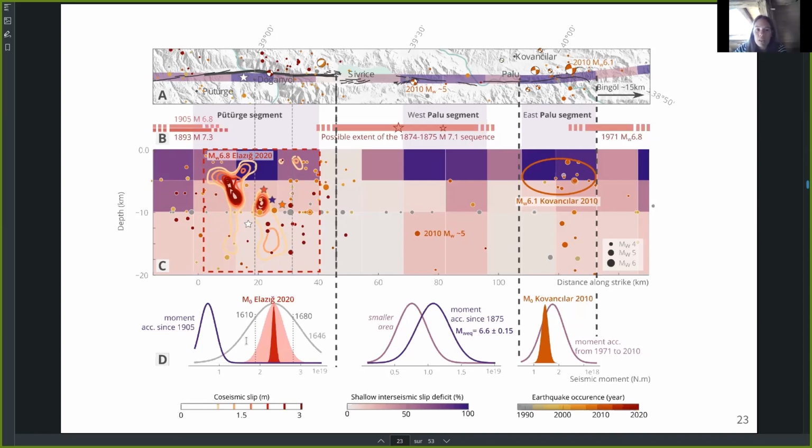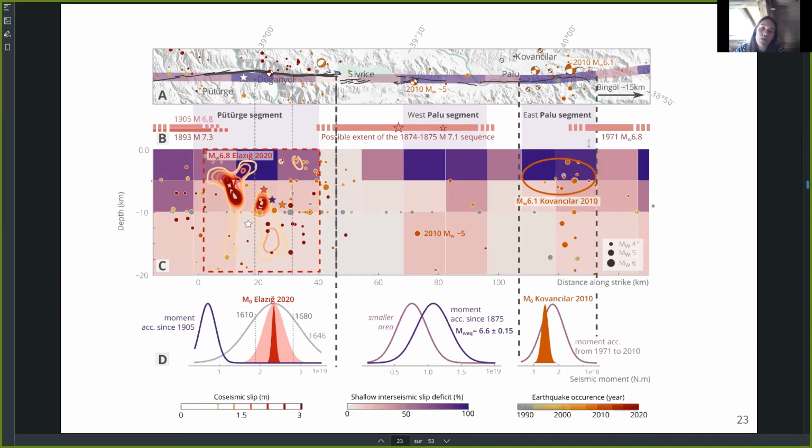The other interesting thing that we can notice is on the East Palu segment: you can see that the moment released by the 2010 earthquake is very, very close to the moment accumulated from the last historical rupture to 2010. What this means is that this historical rupture probably also ruptured this East Palu segment, and that this earthquake probably released all of the moment that was accumulated on the fault.